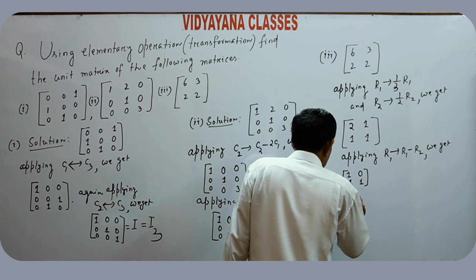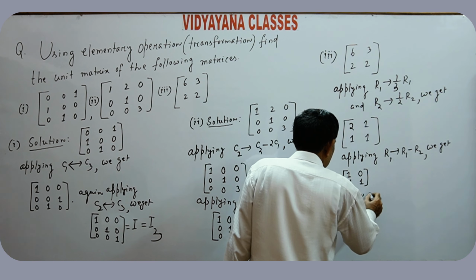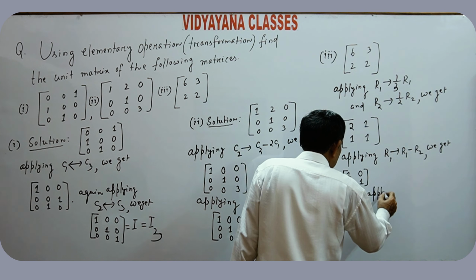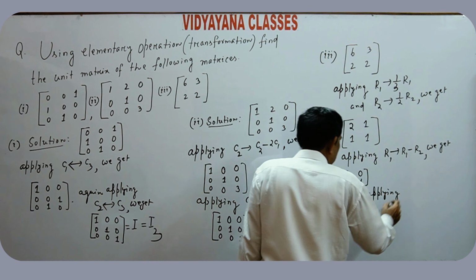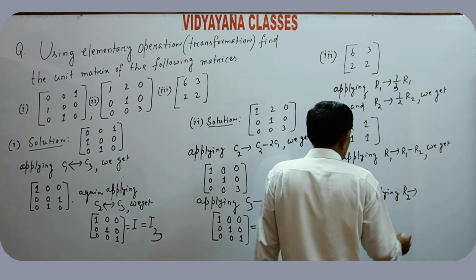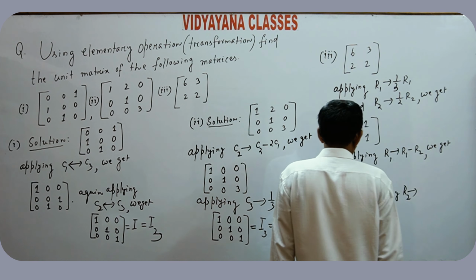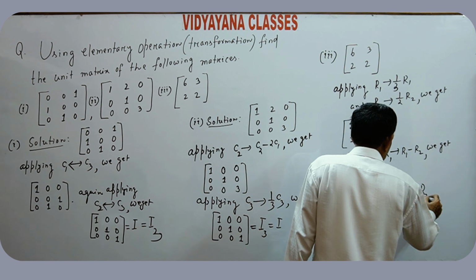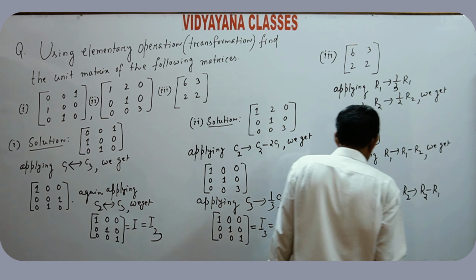Again applying row 2 replaced by row 2 minus row 1.